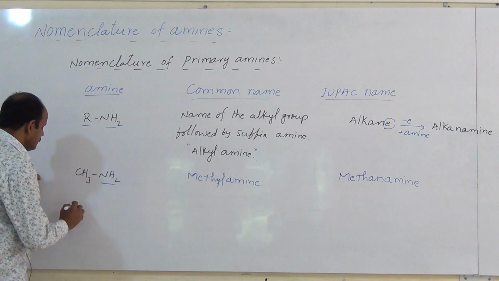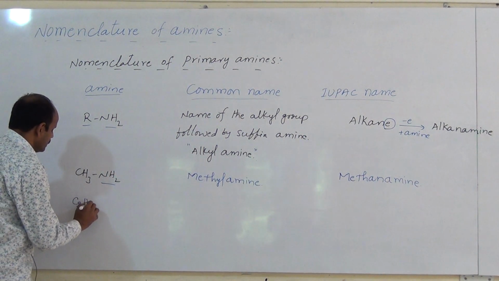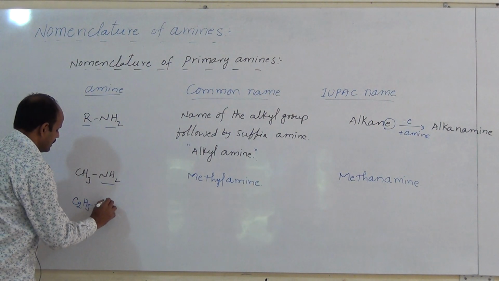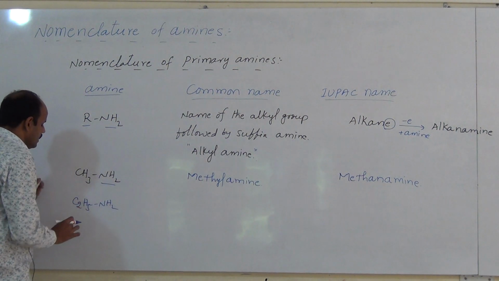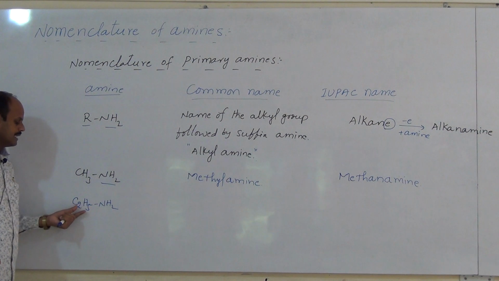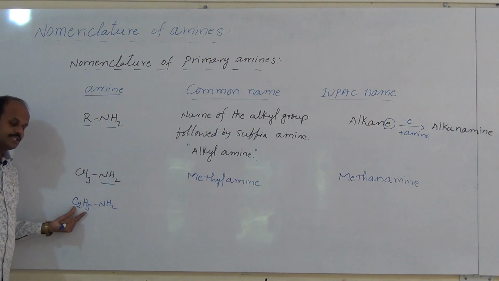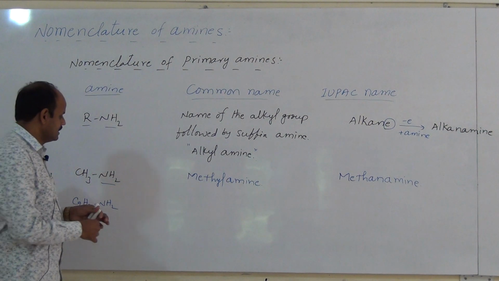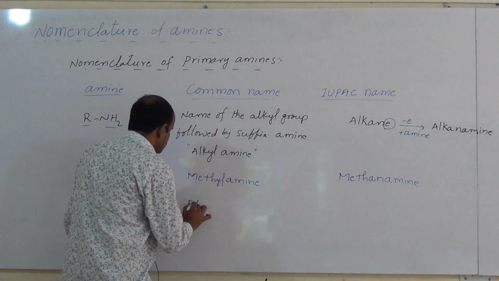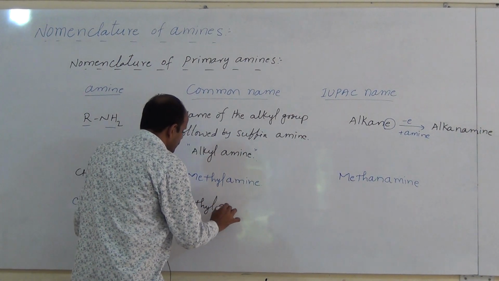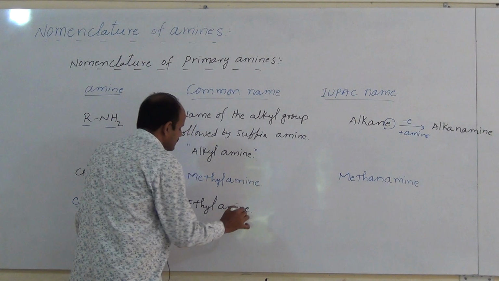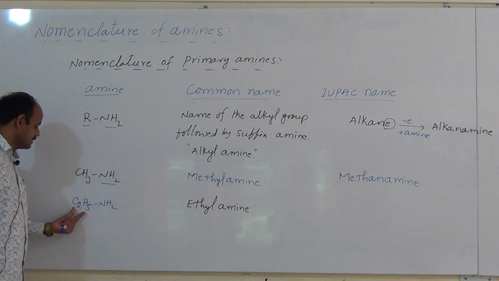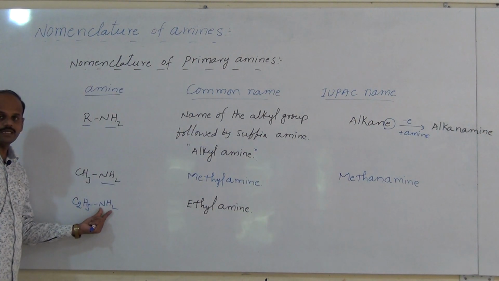Another example, C2H5NH2. What is the common name? Alkyl amine. What is the alkyl here? C2H5 means it is the ethyl group. Next you write the suffix amine, so ethylamine is the common name.